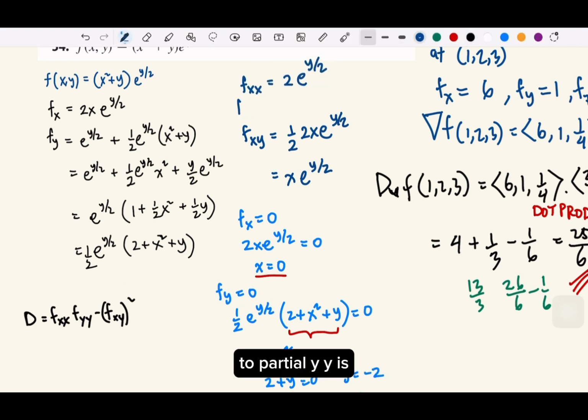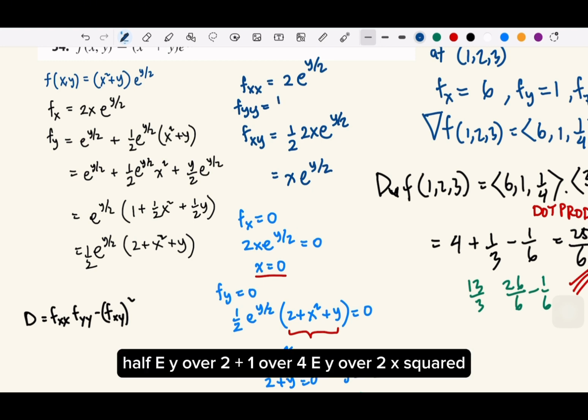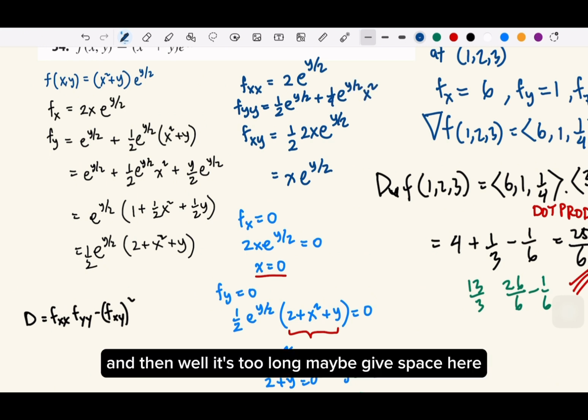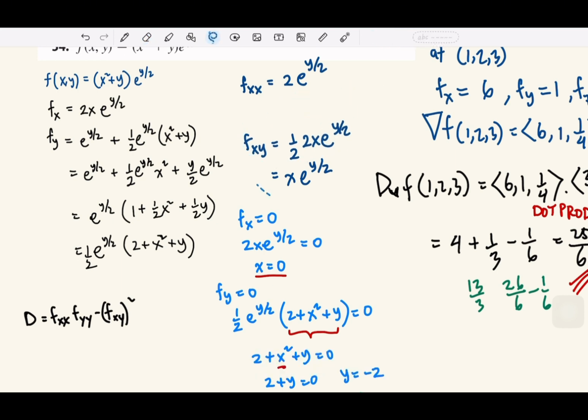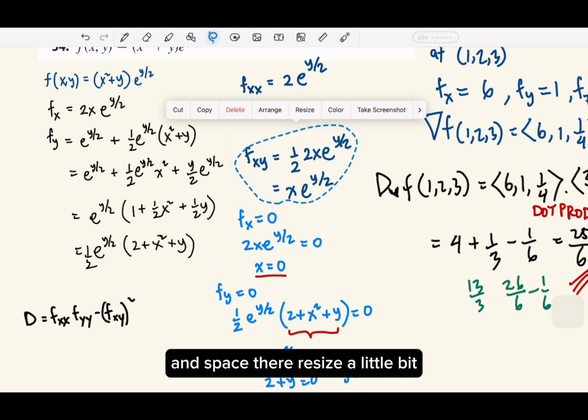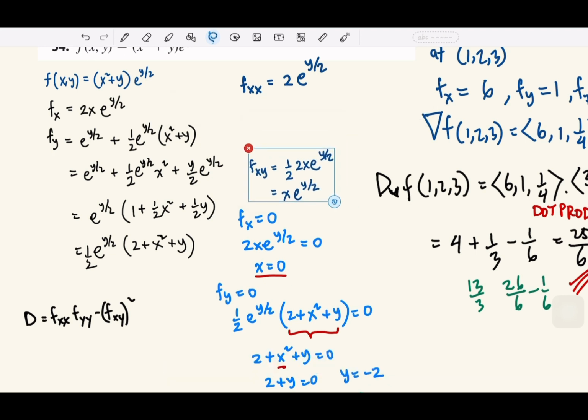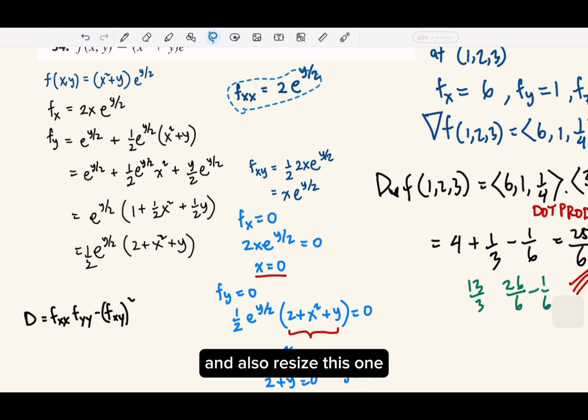The partial yy is half e^(y/2) plus 1 over 4 e^(y/2) x squared, and then it's too long. Let me give space here and there, and resize a little bit.